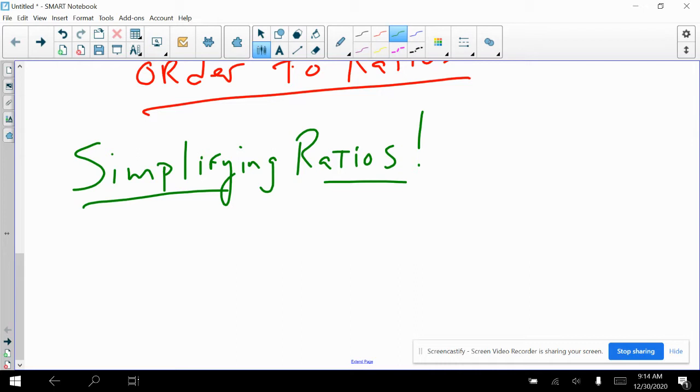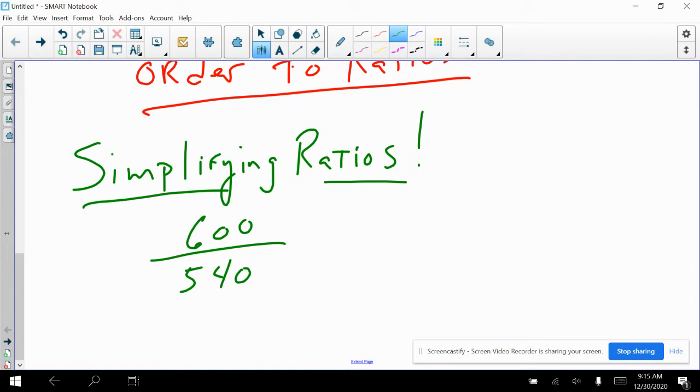Simplifying ratios. Okay, very similar. You could say it's the same thing as reducing a fraction to lowest terms or simplest form. Very same concept. Okay, so for example, if we have a ratio that is 600 over 540. Now, what I don't want you to do is to turn these into mixed numbers.